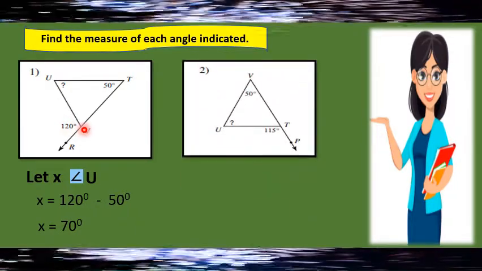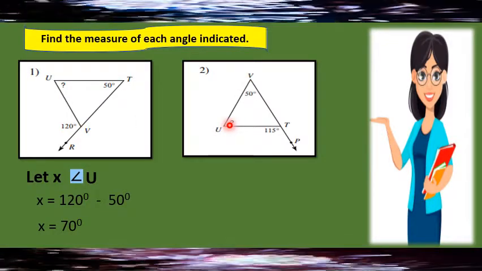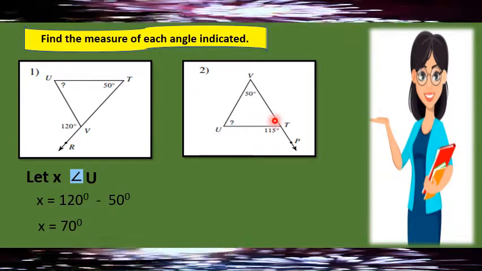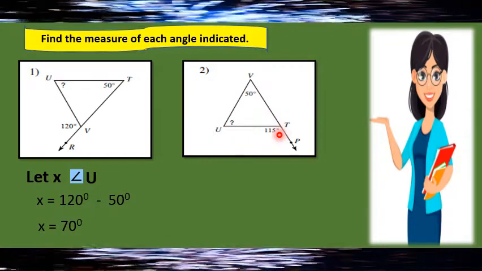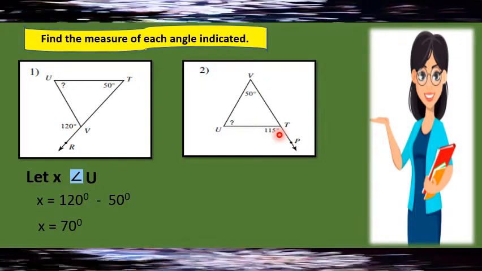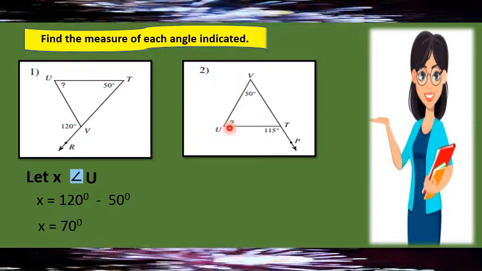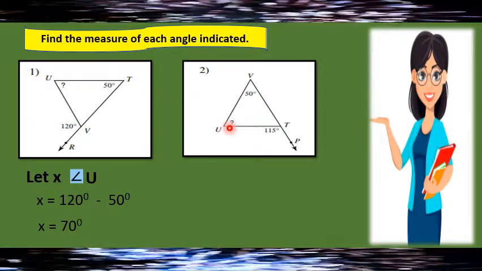Another example, number 2. This is the remote interior, this is the adjacent interior, and this is the exterior angle. The question mark is for angle U, so it's the remote interior again.